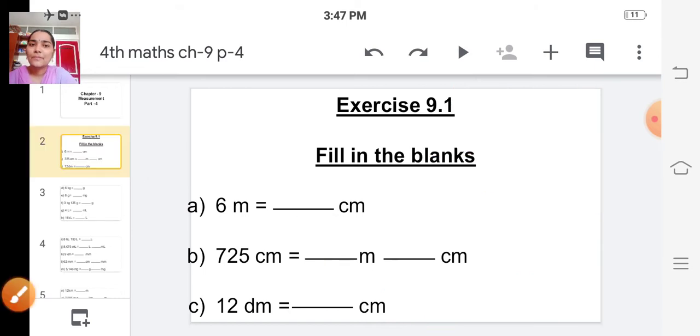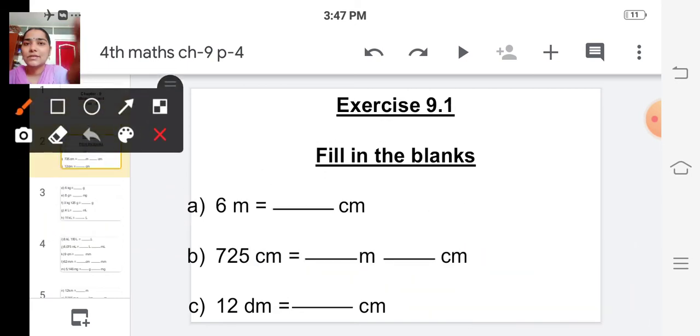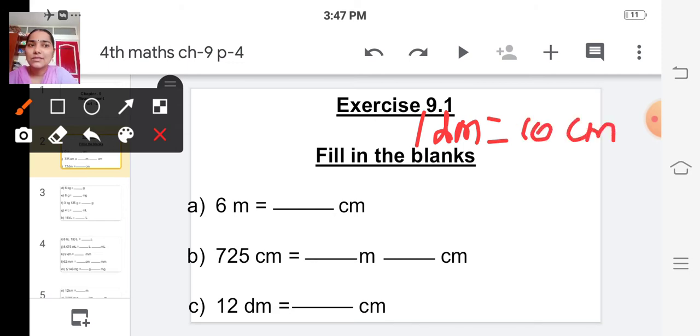And the next problem, C, 12 decimeter. DM means decimeter. So 12 decimeter is equal to dash centimeter. Decimeter is bigger than centimeter. So 1 decimeter is equal to how many centimeters? 10 centimeters.